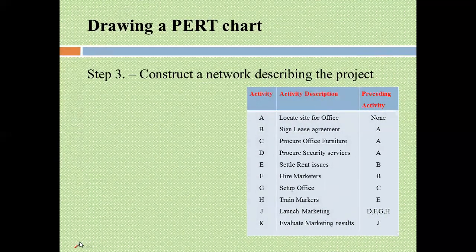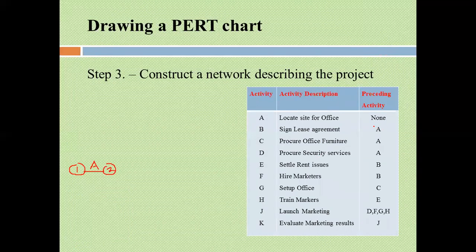Number 3, once you have done the sequencing, is to set up the construction. How do you construct? Like this one, you begin with A there, number 1, and you terminate A and write there 2.